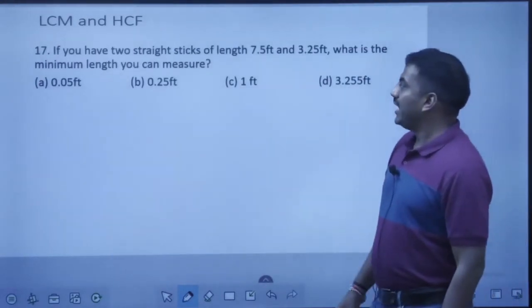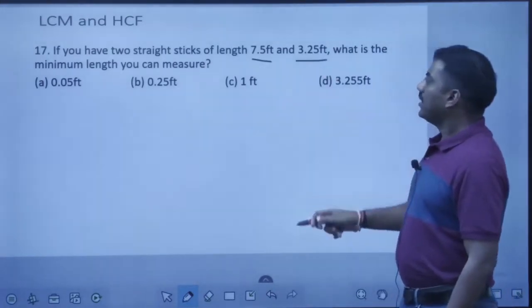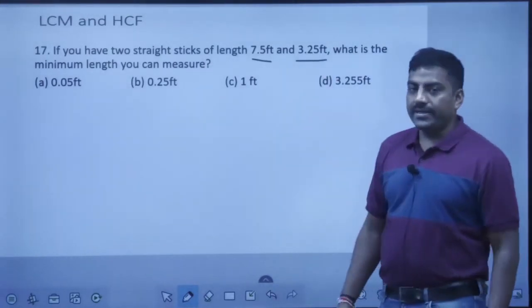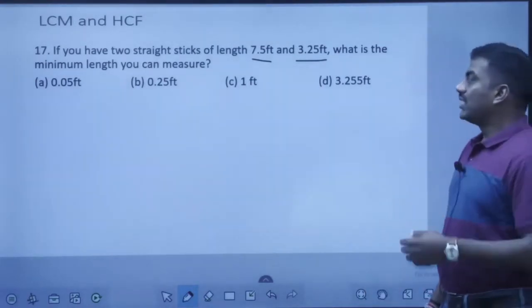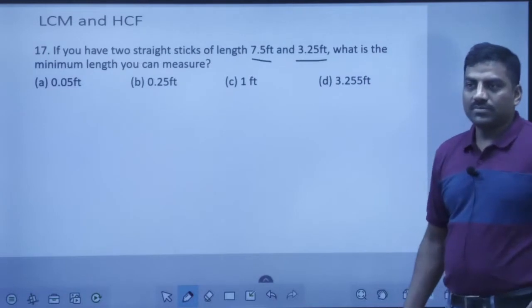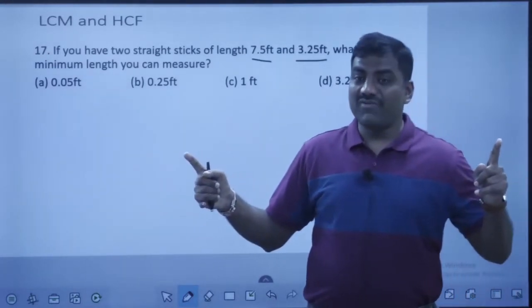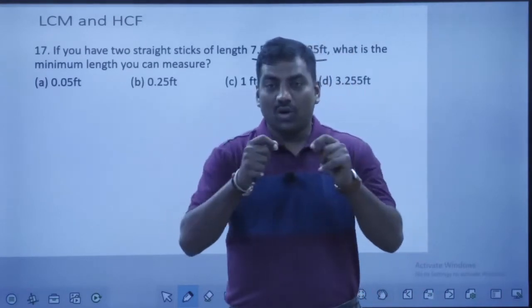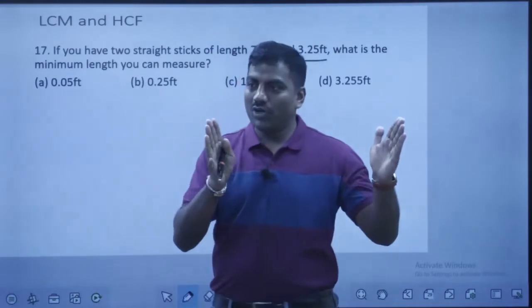If you have two straight sticks of length 7.5 feet and 3.25 feet, what is the minimum length you can measure? Sticks are there. They are not giving you any kind of scale. Only sticks are there.